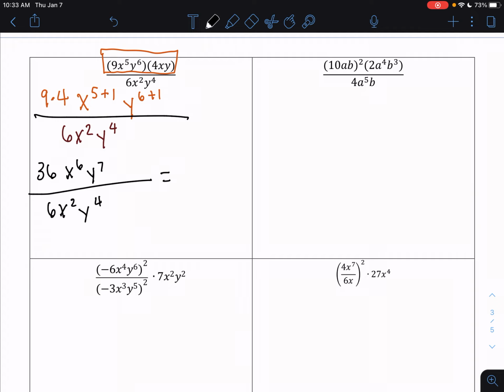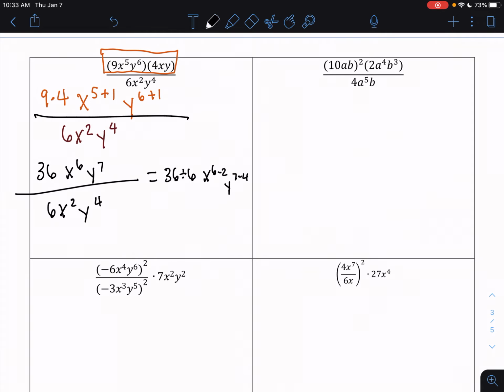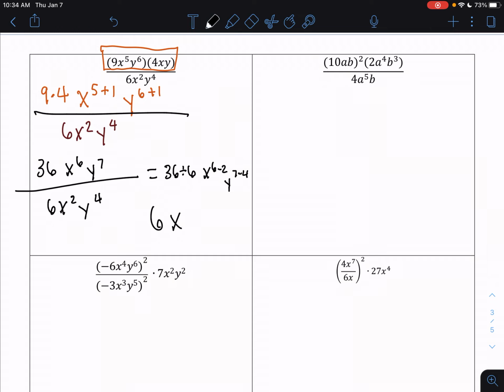All right, so now we have 36 divided by 6. We're going to use our dividing rule. x to the 6 minus 2 and y to the 7 minus 4. So what is 36 divided by 6? 6. What is 6 minus 2? 4. And what is 7 minus 4? 3. And that is our final answer.